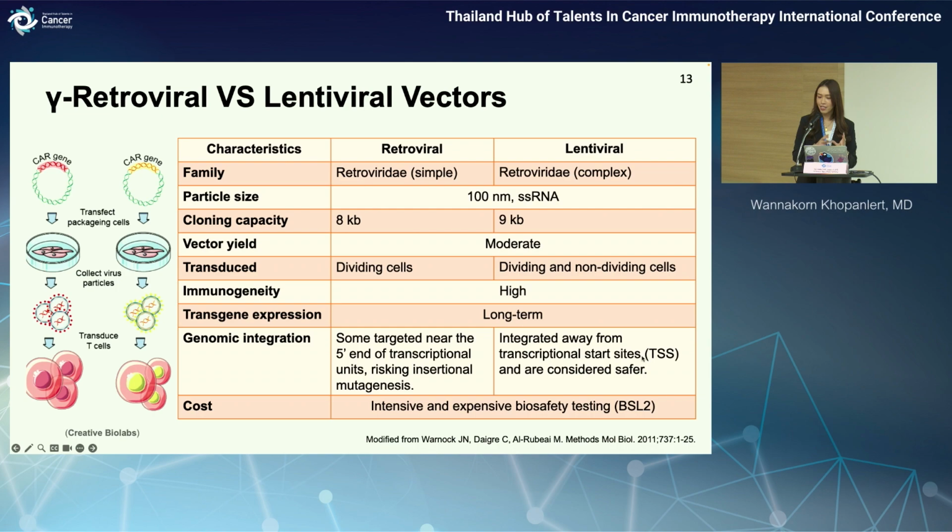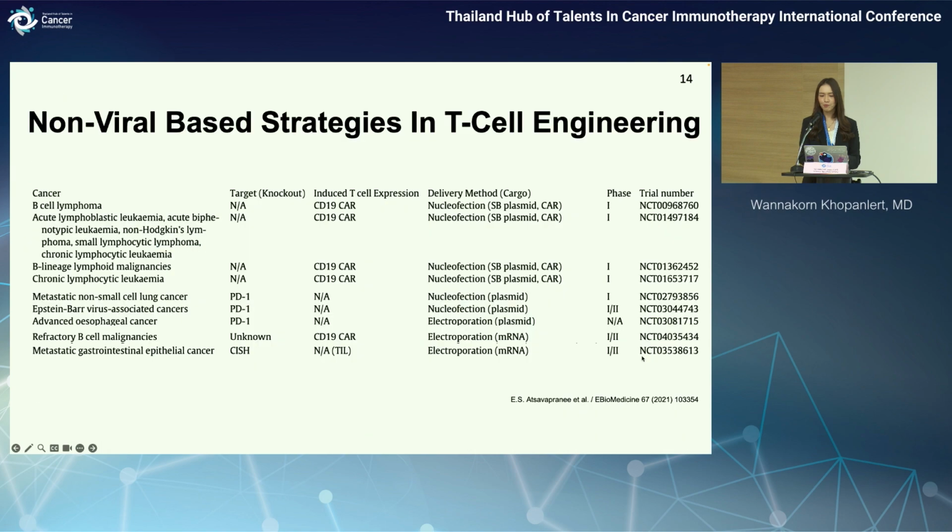However, in CAR T cell therapy, you might wonder, is it safe to use both? The US FDA has already approved both lentiviral and retroviral vectors for producing CAR T cells. In terms of CAR T cell therapy, so far both are safe to use in clinical trials.